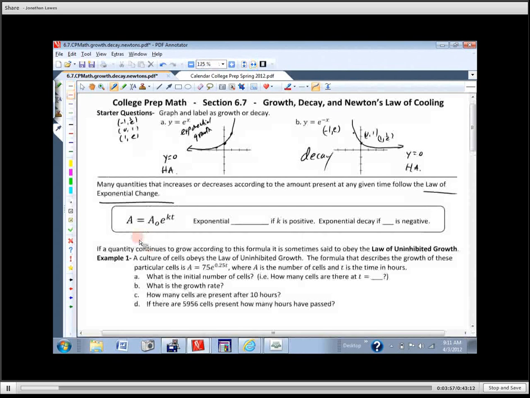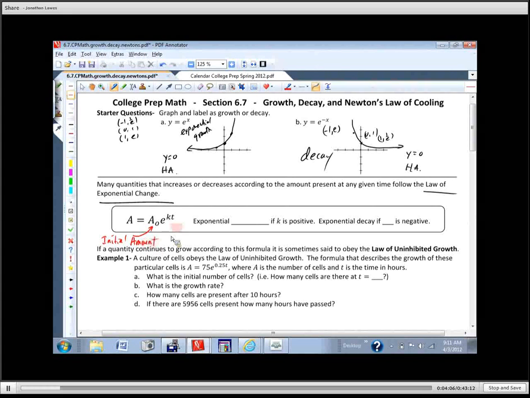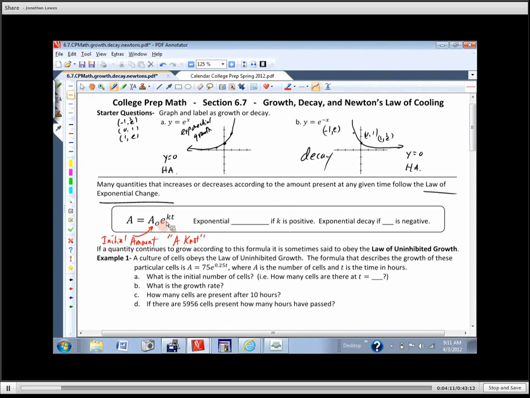This right here is called the initial amount, and the way we say that is A naught. That little subscript there, that little 0 down below, we read as A naught. That's the initial amount, or the amount at time 0. That's why the 0's there.